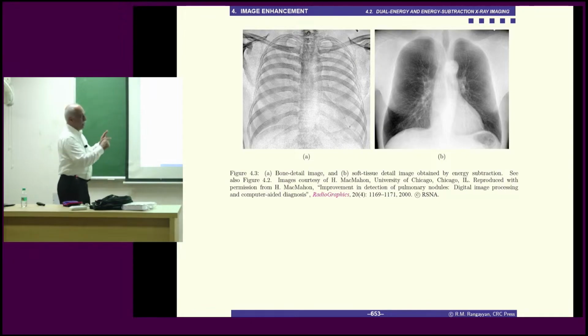I asked for details about the weights and the two images separately so I could try different operations, and he said he couldn't do that. It was licensed to some other company. So from the two images, you get the separation of the hard tissue and soft tissue details. And there is a small dark spot here that shows better here than there.